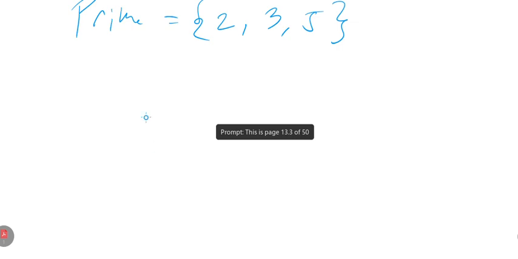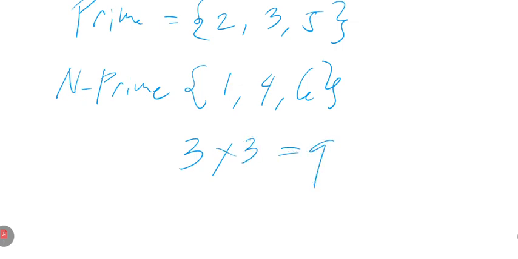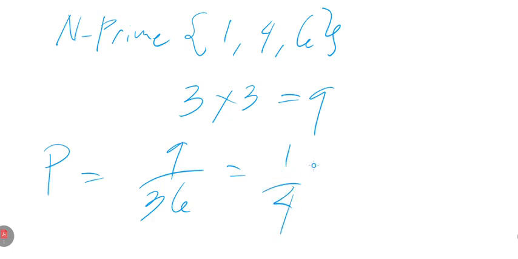The non-prime numbers are 1, 4, and 6. Since there are three of them, 3 times 3 equals 9. So the probability is 9 over 36, which equals 1 out of 4.